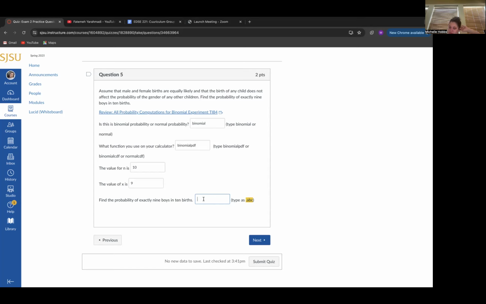So let's see. The fraction would be 5 over 512. And then converting that to a decimal, calculate that, and then round the decimal to 3 decimal places.